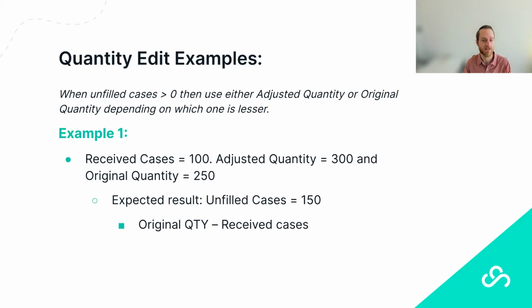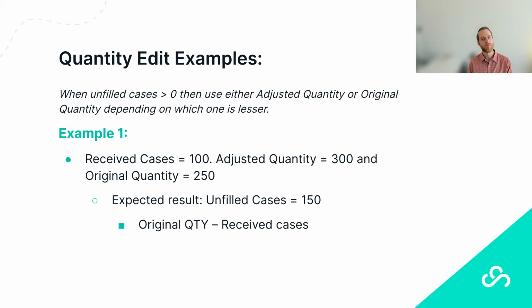And as mentioned, quantity edit scenarios. Not only may you be canceling orders, but sometimes you may just need to modify the ordered quantity. So we wanted to talk about a couple of scenarios.